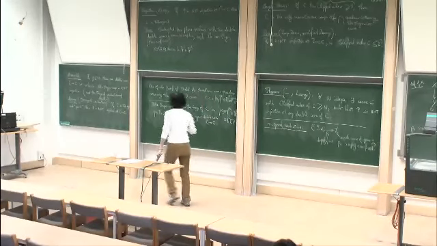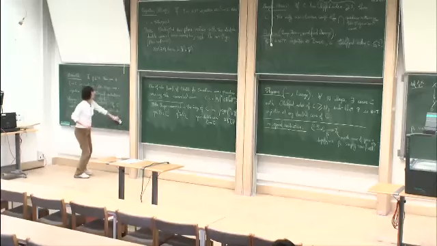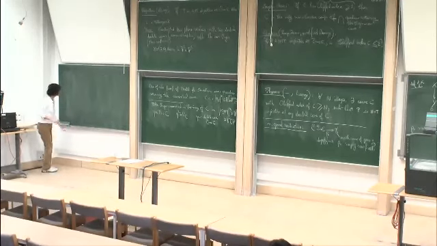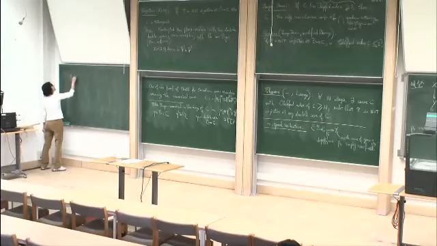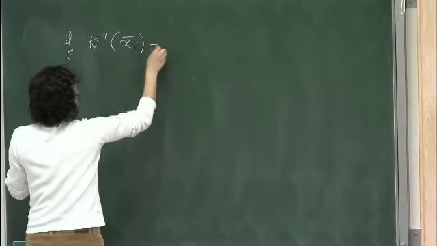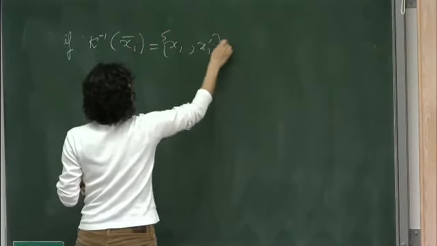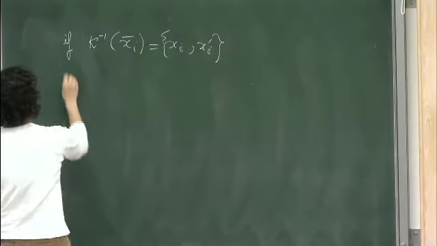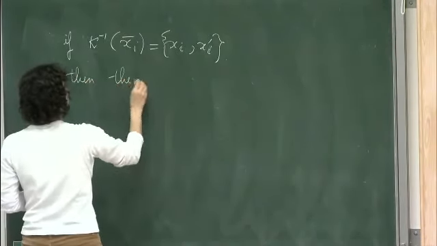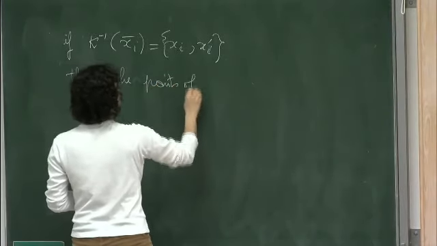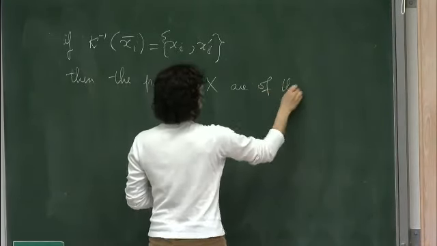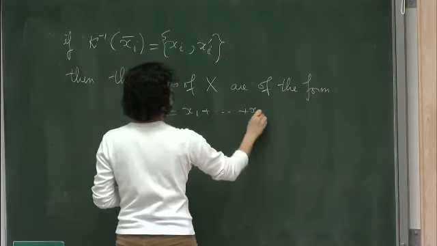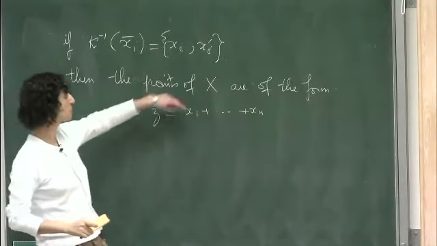And also, what are the points of X? If kappa inverse of xi bar is xi and xi prime, then the elements of X are of the form x1 plus ... plus xn, for instance, and I can put primes here arbitrarily.